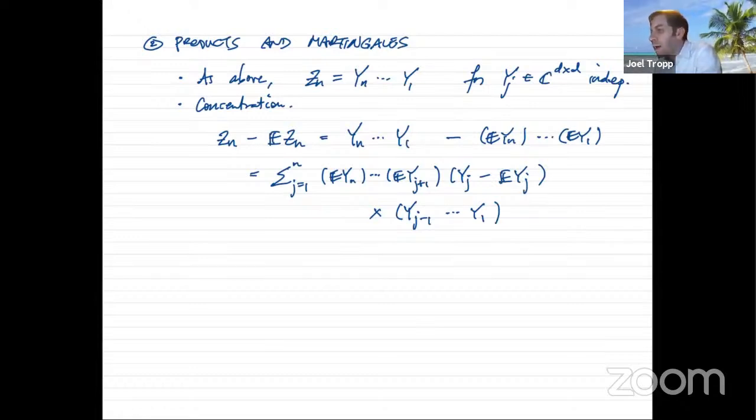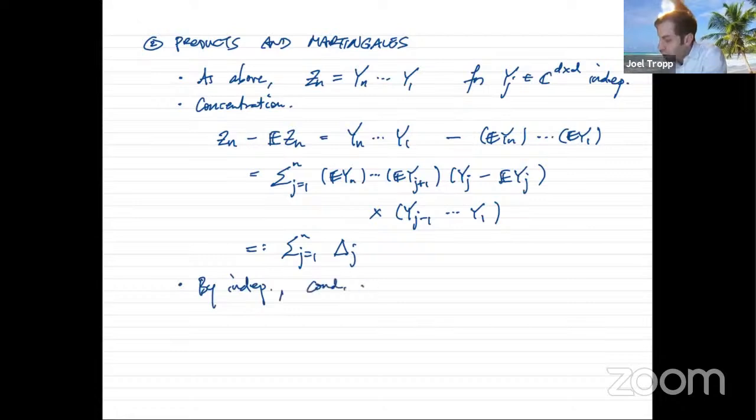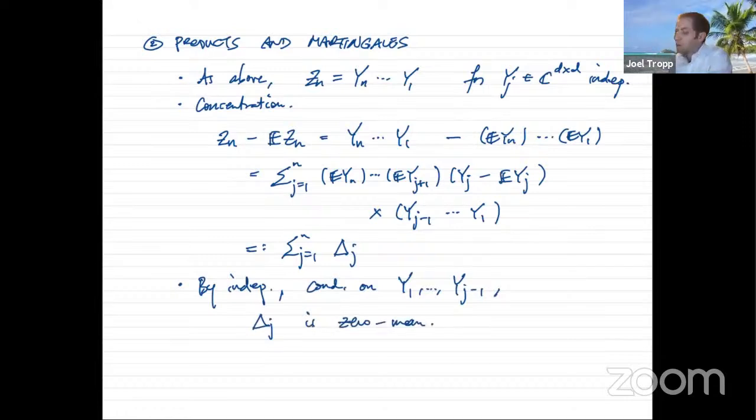All right. Now, we can call these summands delta j for a reason that I will explain in just a moment. And what I want you to notice here is that by independence, conditional on y1 up to yj minus 1, delta j is 0 mean. So why is that?